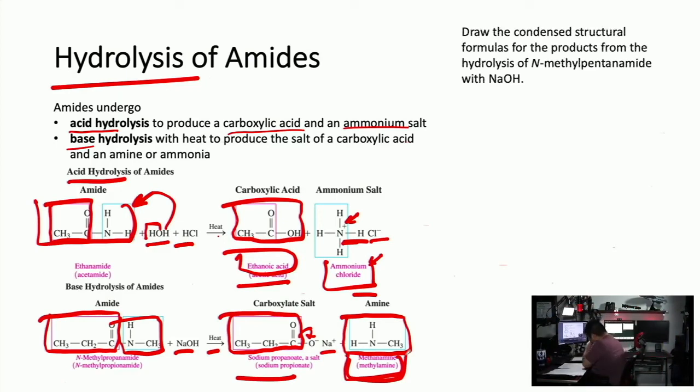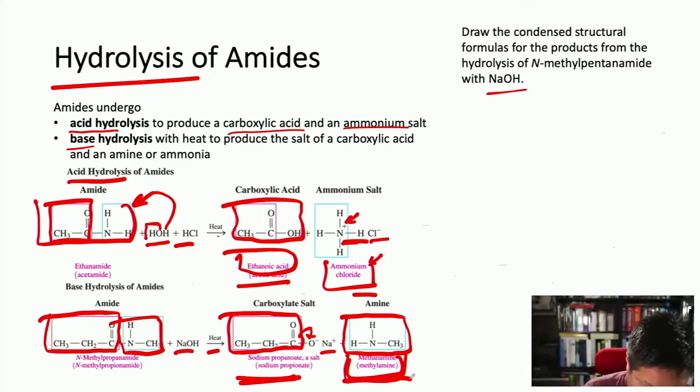It says draw the condensed structural formulas for the products of the hydrolysis of N-methylpentanamide with sodium hydroxide. Well, that right there tells you, since you're using sodium hydroxide, it's a base hydrolysis, which means you should end up with a carboxylic acid salt and an amine, not a carboxylic acid and an ammonium salt.